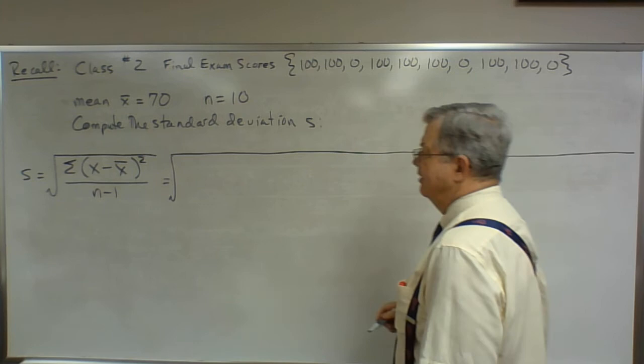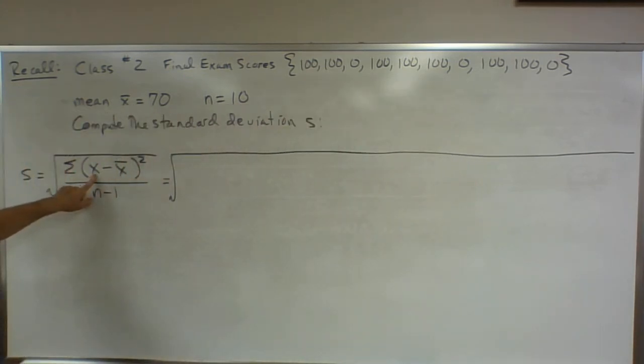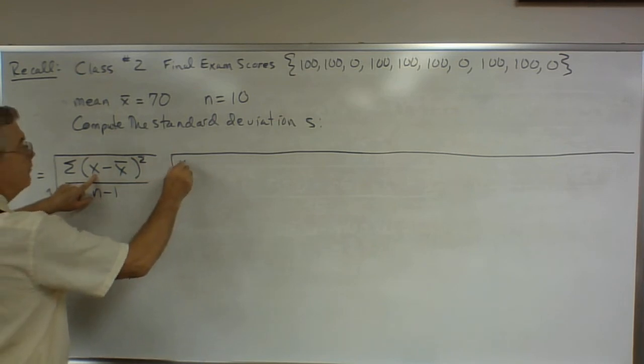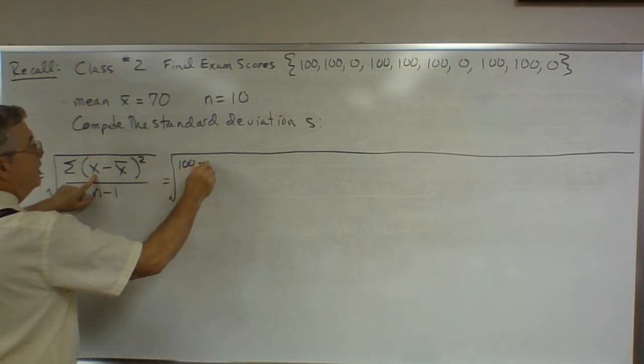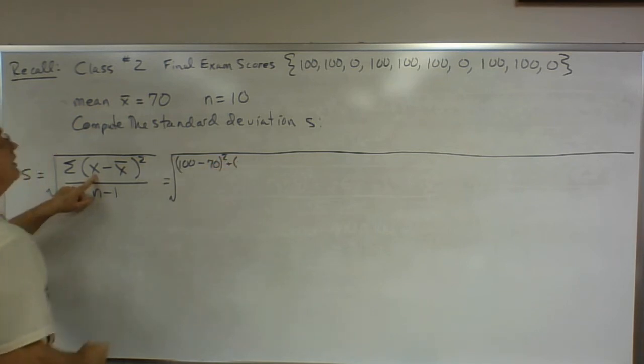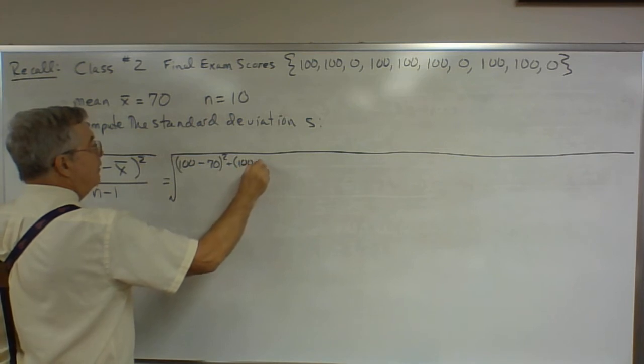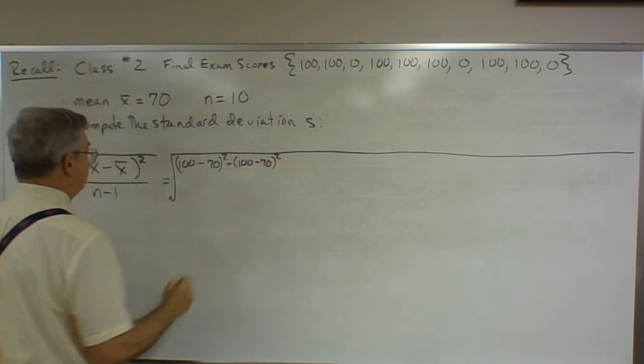Now let's do this. The first data value is 100. The mean is 70. Second data value is 100. The mean is 70.